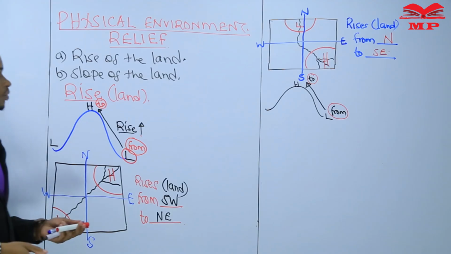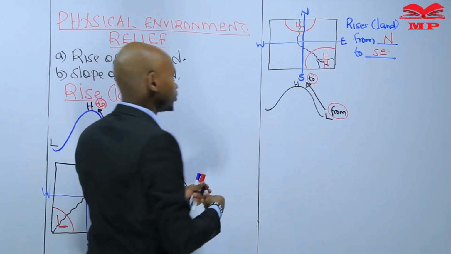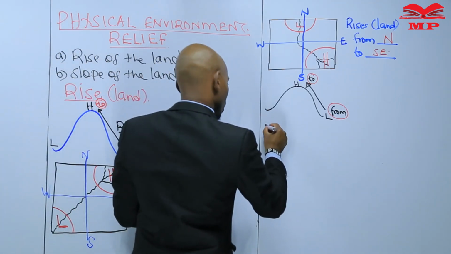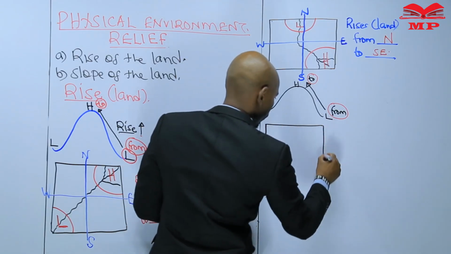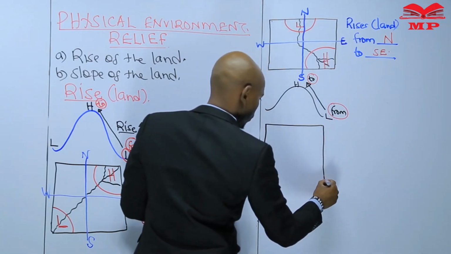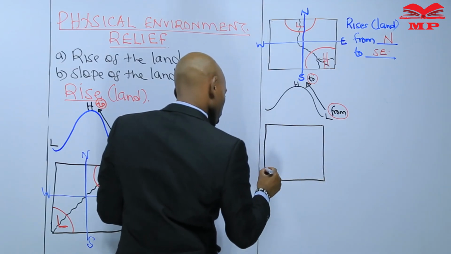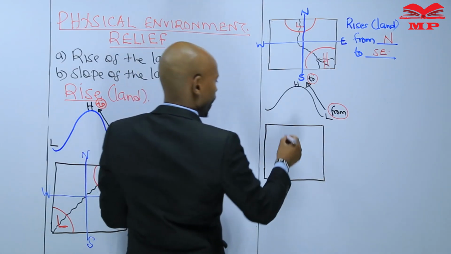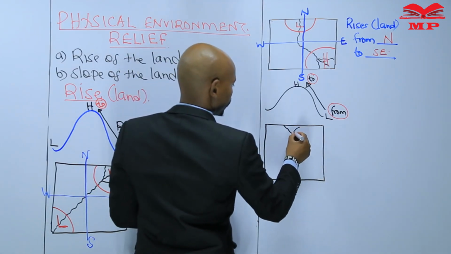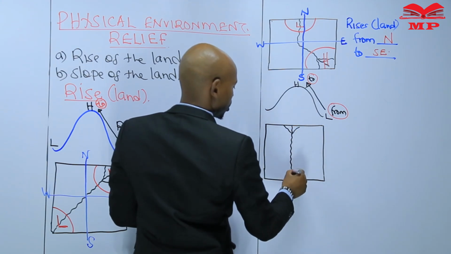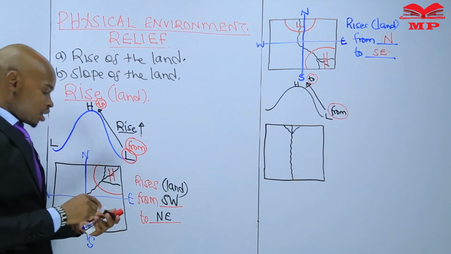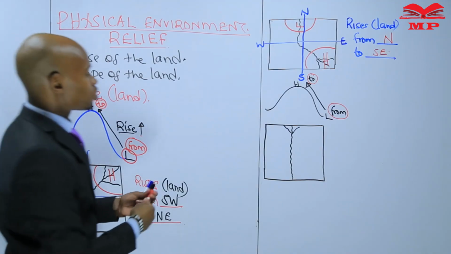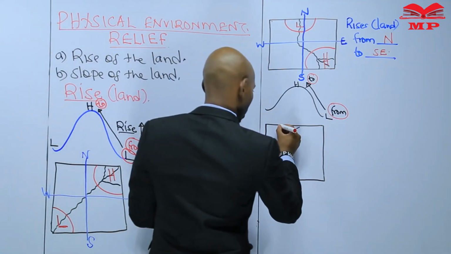Southeast. Maybe another example. It's good to have as many examples as possible. Let's have one final example here. Rising and sloping. And maybe we have our river here, the tributaries, and that river flows in that manner. So the river will always help you to identify the highland and the lowland.